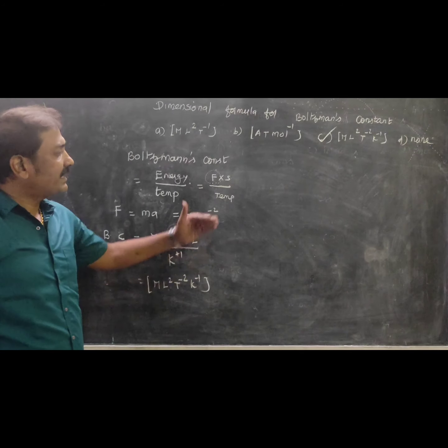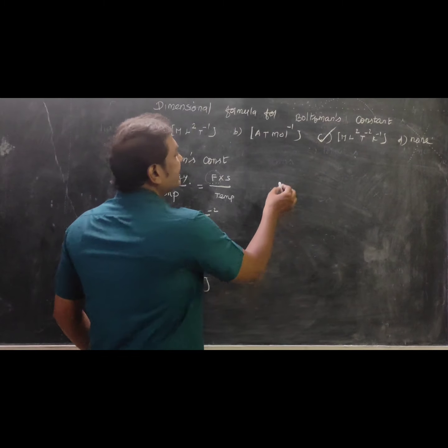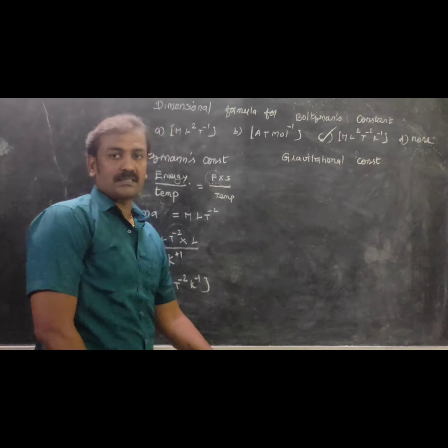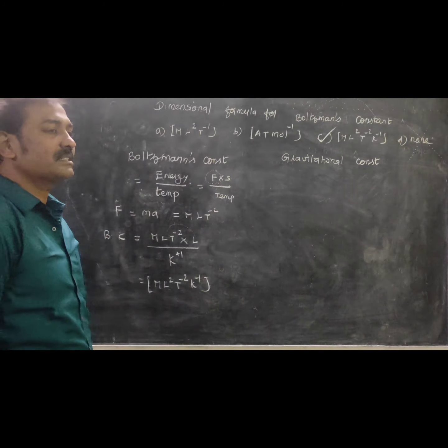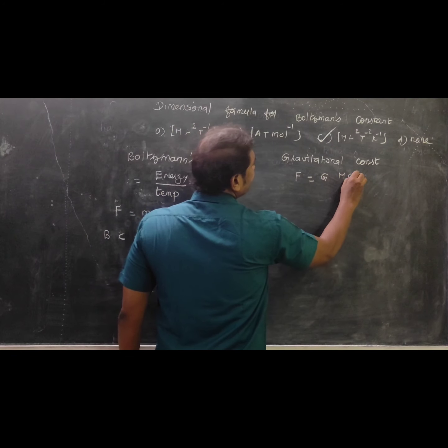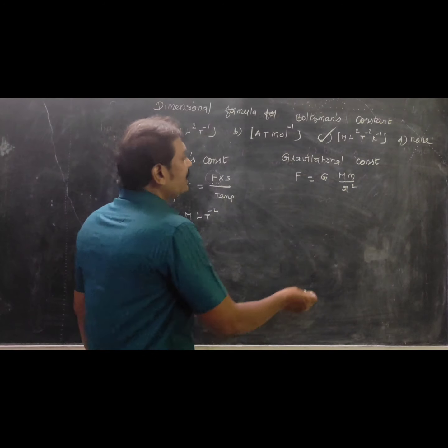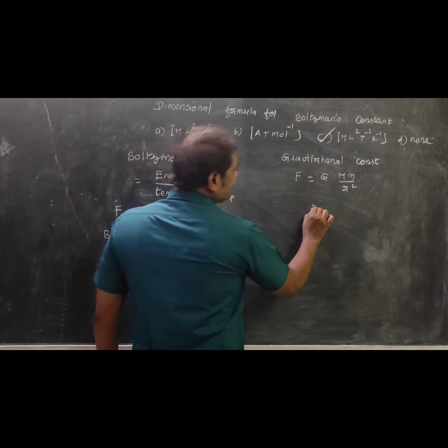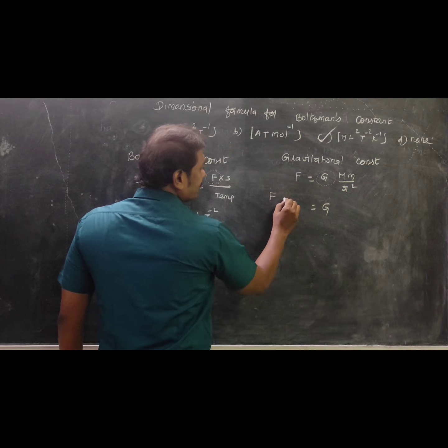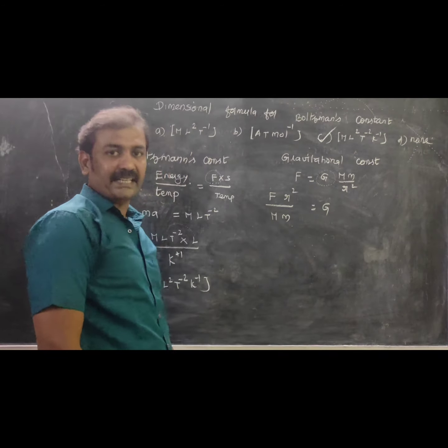For the gravitational constant, the force equals G m m by r square. That is the universal law of gravitation. So keep the gravitational constant on one side and all other terms on the other side. F, the division r square comes to this side as multiplication. The multiplication m comes to this side as division.